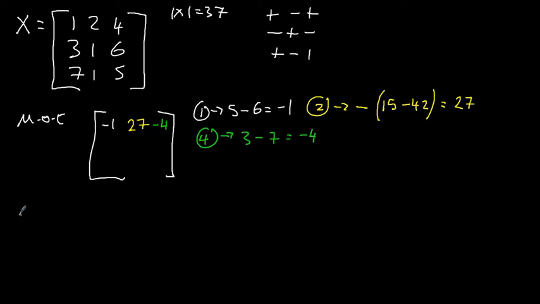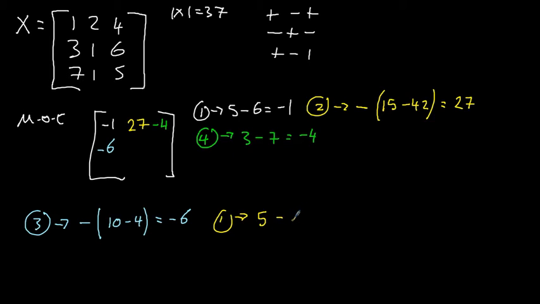Now for the 3, so the second row, first column, it's going to be minus, because we changed the sign, 2 times 5, which is 10, take away 1 times 4. So it's going to be minus 6. For the 1 element, its sign, because of its position, is positive, so it's just going to be 1 times 5, take away 7 4s, like 14 doubled, 28.